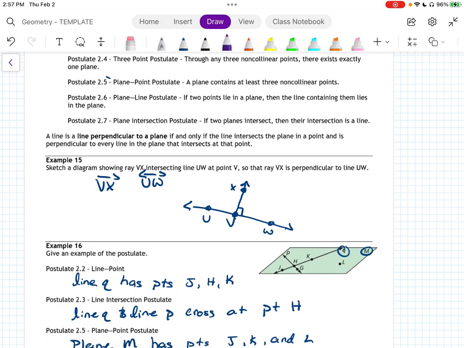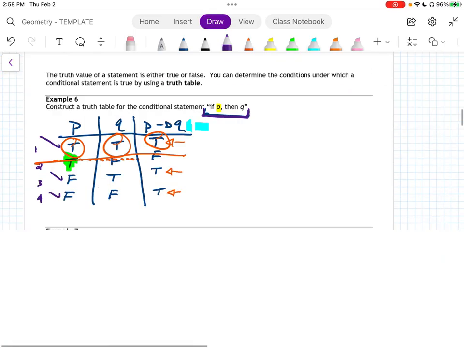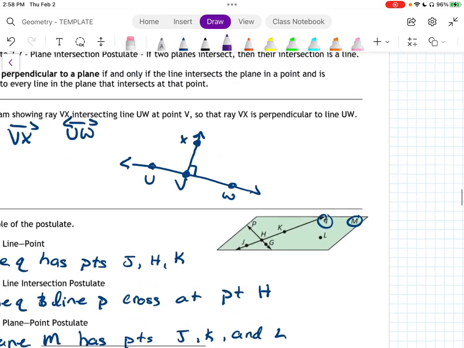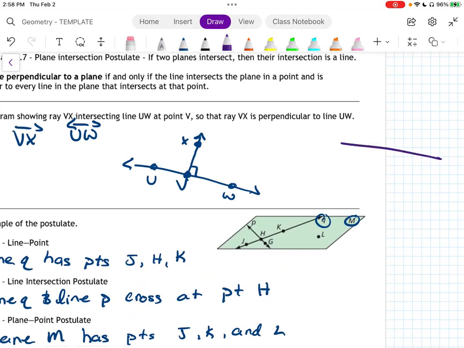Whenever it says to draw a plane, let me go back to where I was. So if this said to draw a plane, I would just draw something like this. You're trying to illustrate a piece of paper sitting there. If it said that there was a line going through it, I would draw it something like that.